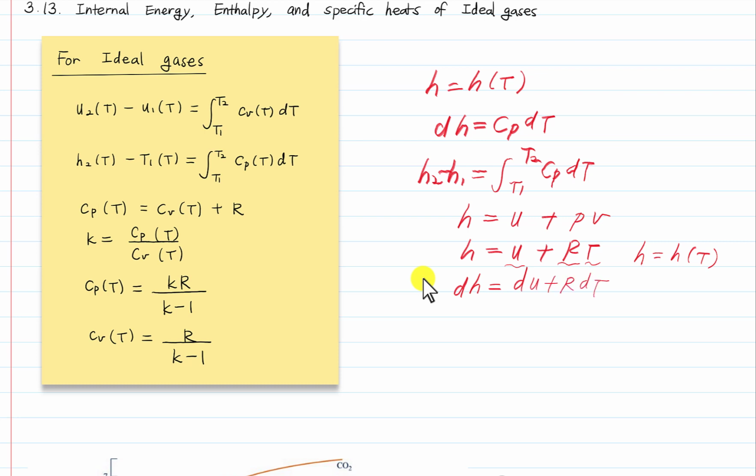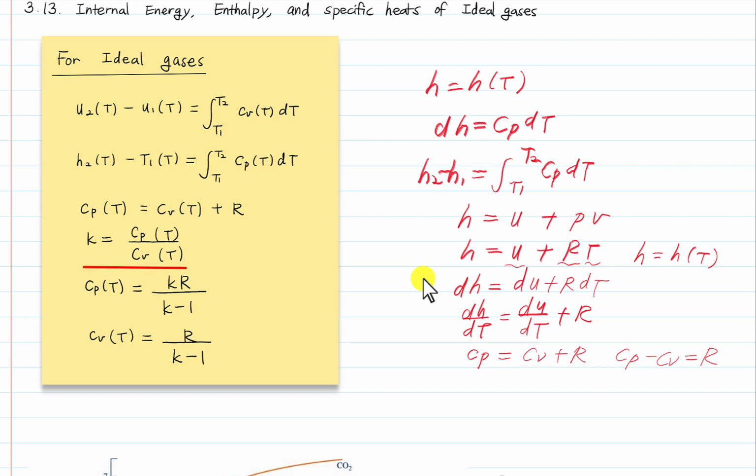Divide the equation by dT. dh over dT equals du over dT plus R. dh over dT is Cp, du over dT is Cv. So we developed a relation: Cp equals Cv plus R, or the difference Cp minus Cv equals R.